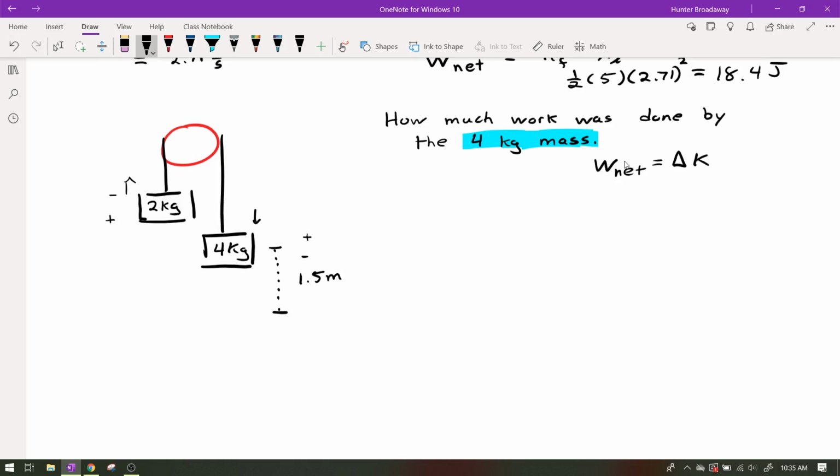So if we're going to do it this way, we're going to have to find the acceleration, because this is going to be Kf minus Ki. The final kinetic energy is a number. The initial kinetic energy, let's just say that it started from rest.